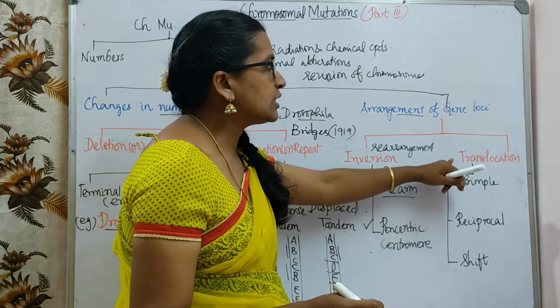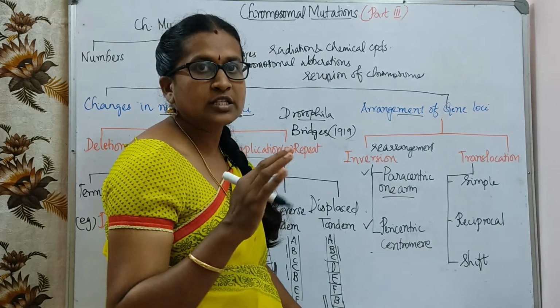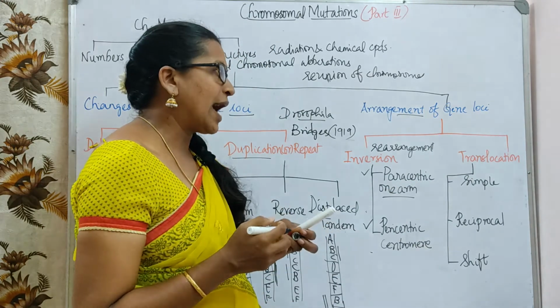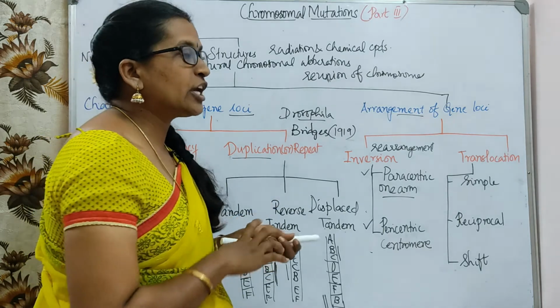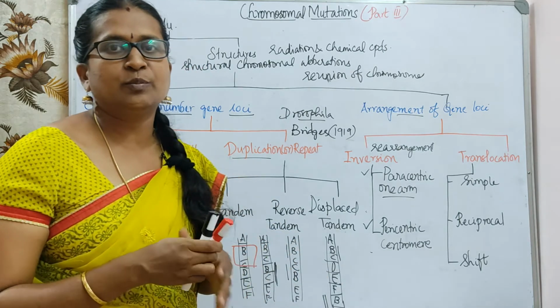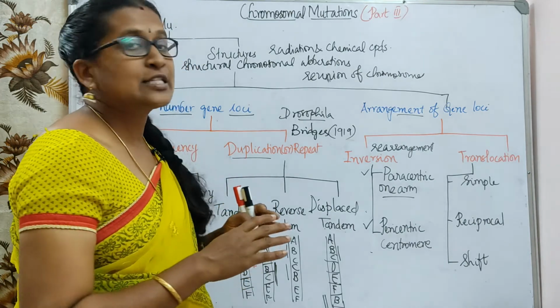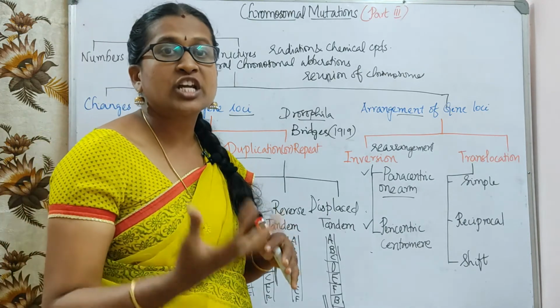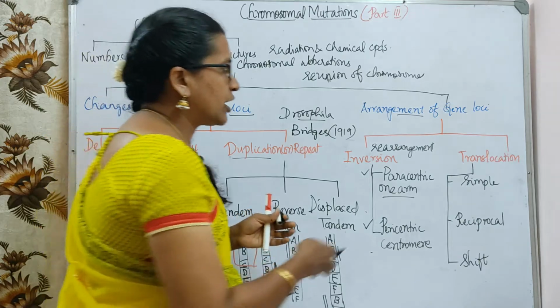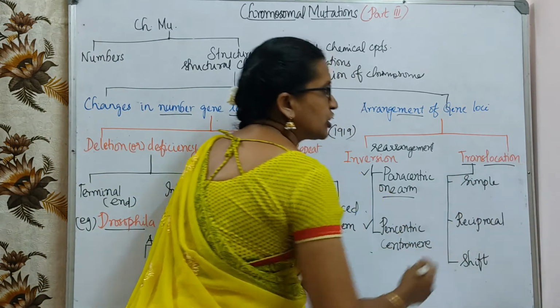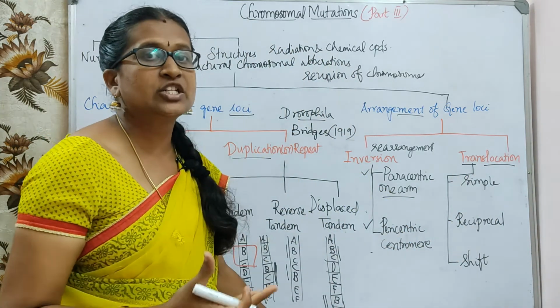So next is translocation. In translocation, the location of that particular gene or that particular chromosome will be translocated, the place will be changed. So trans and location: the location is changed.